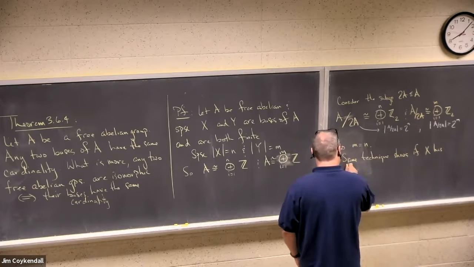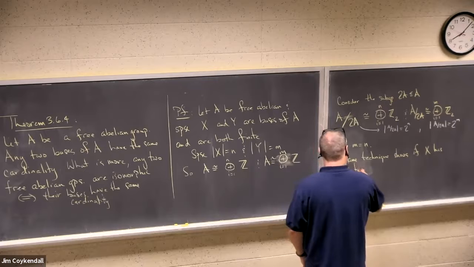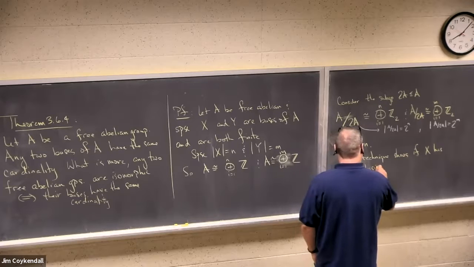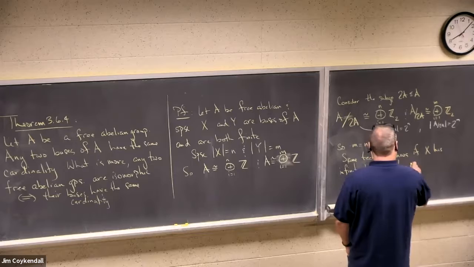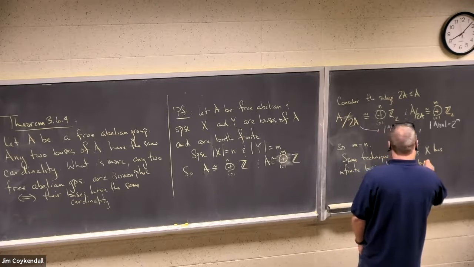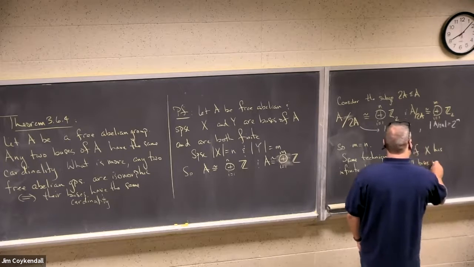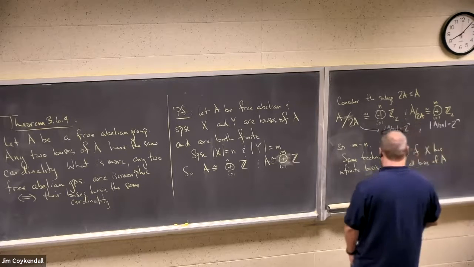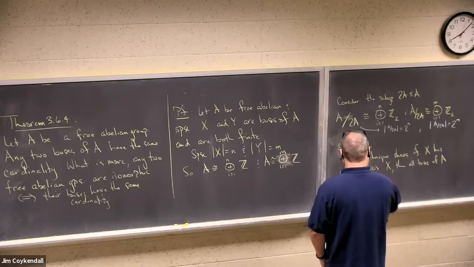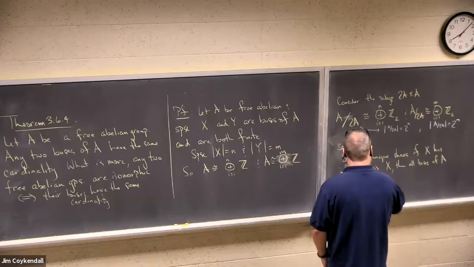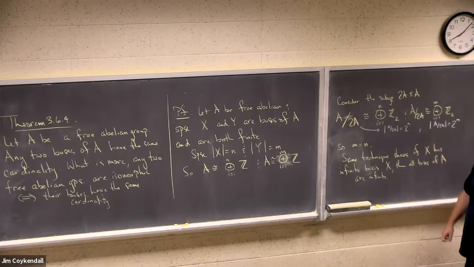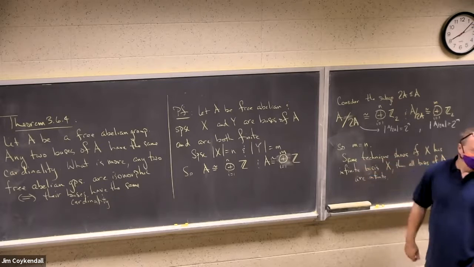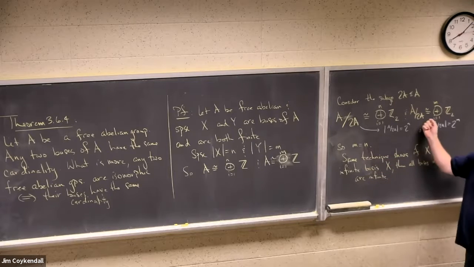Because really what that means is, if for example Y was an infinite basis that had infinitely many elements, then you have a direct sum of infinite copies of Z2.